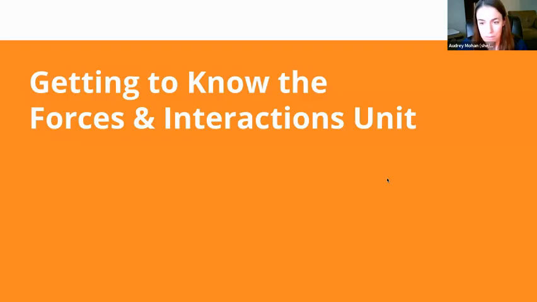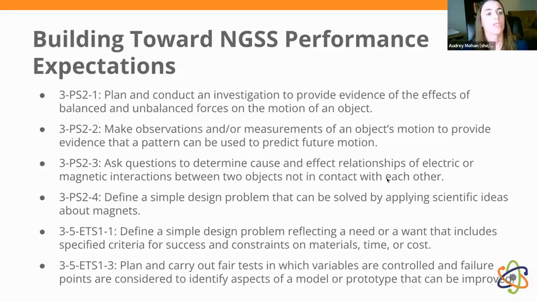All right, so this is a big bundle of performance expectations in this unit, and there is a lot of text on the slide that you're seeing right now. I'm going to just highlight some key aspects of the performance expectations for this unit for you. So we're working in the physical science space.